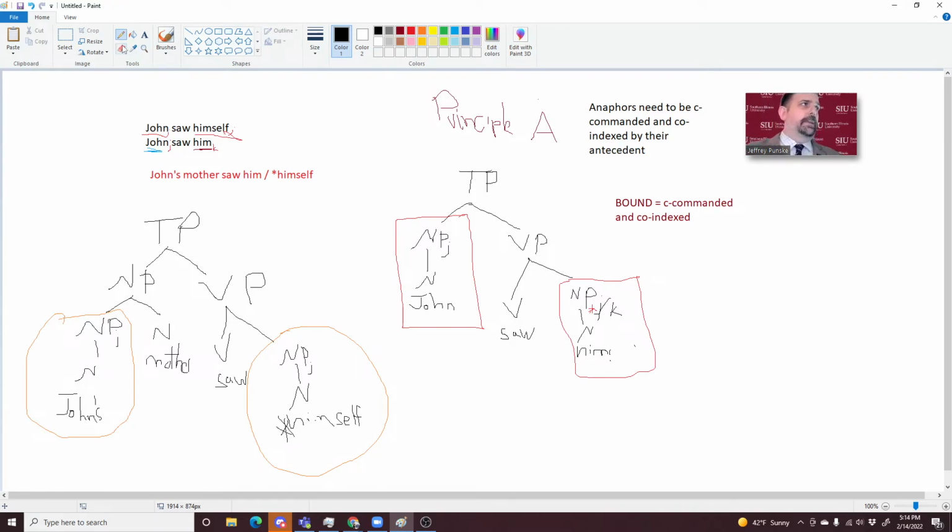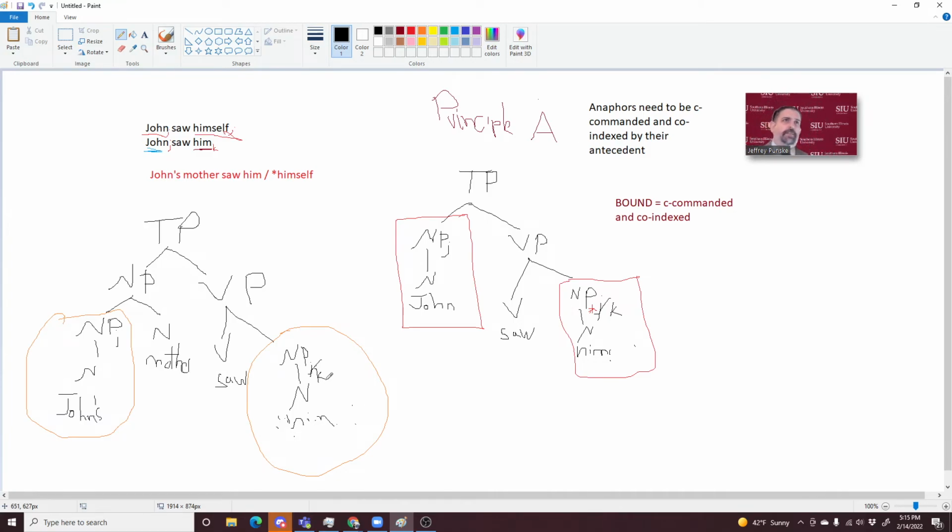More telling here is this example. So obviously him is grammatical in this context, but it's also grammatical under either interpretation. It's grammatical under the co-indexation interpretation or under a wider interpretation.